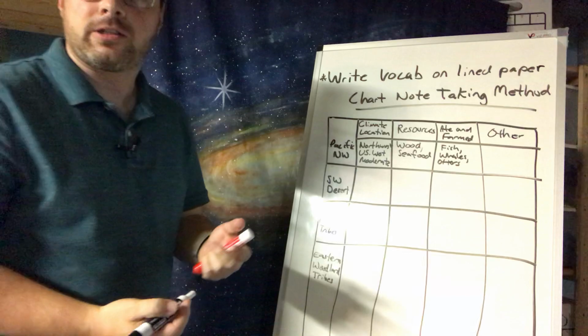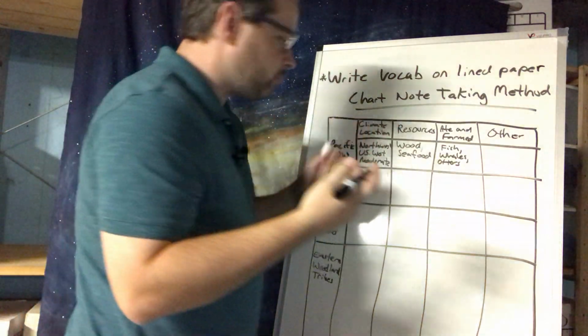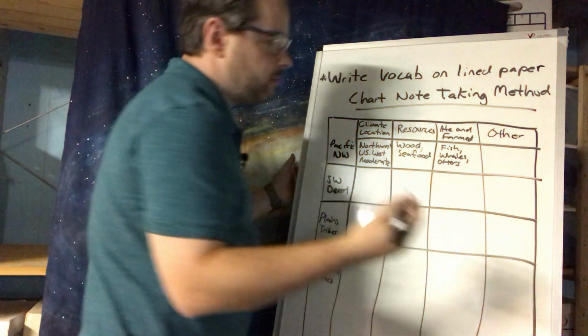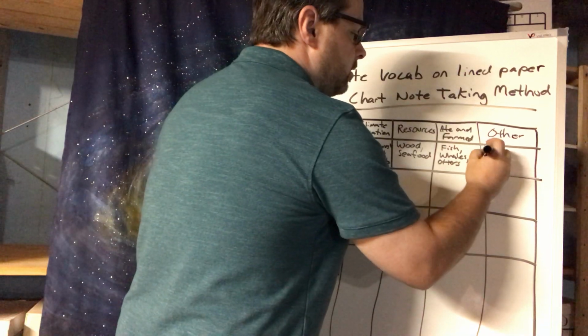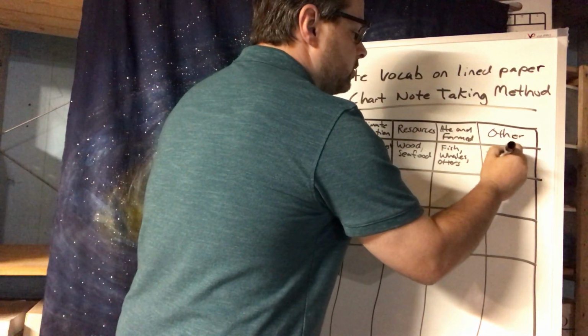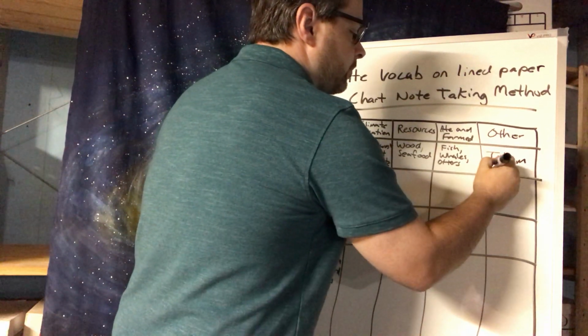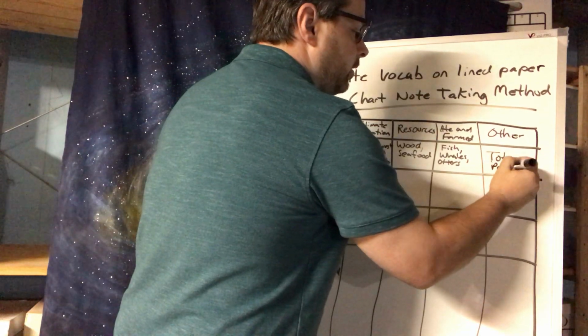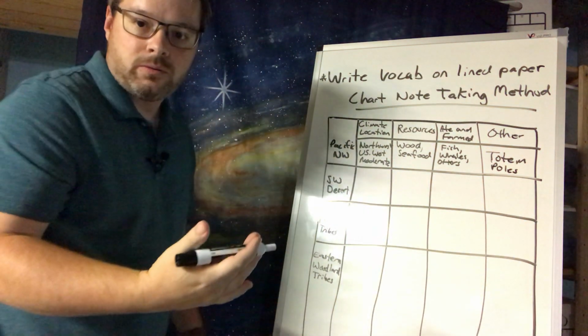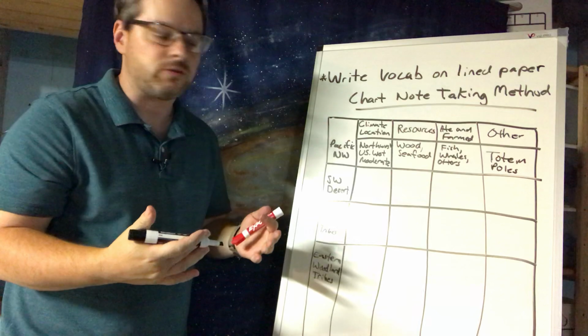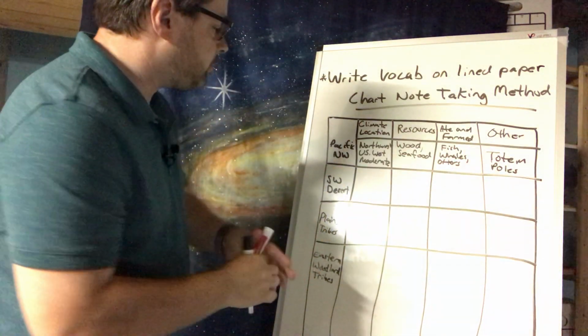And other is, for this group in the Pacific Northwest, an interesting thing is that they made totem poles. And in the slideshow, let's explain a little bit of what they were used for. So that's it.